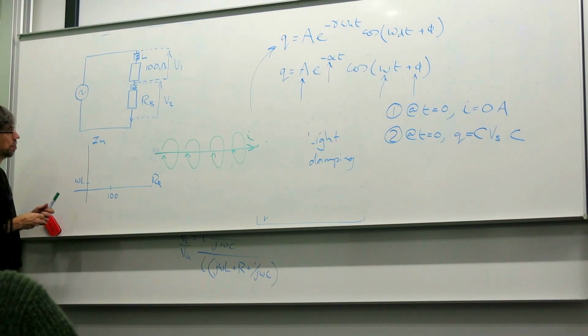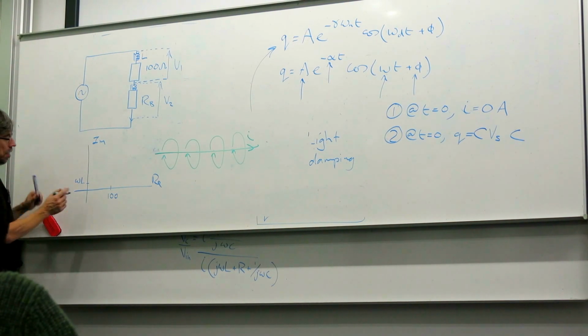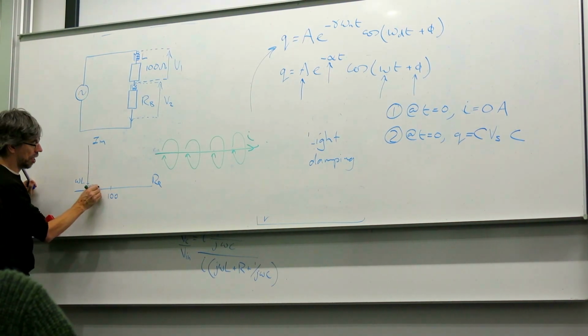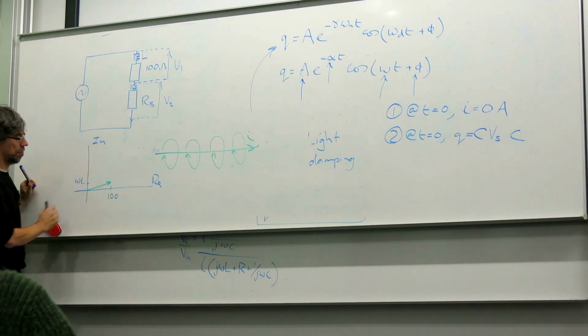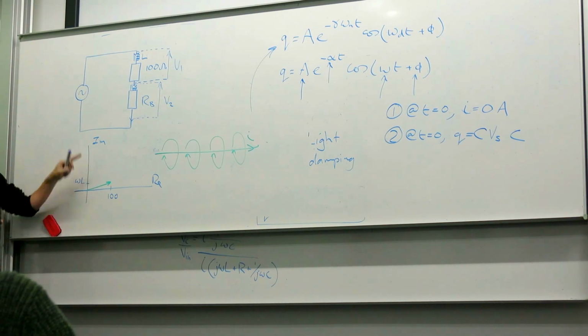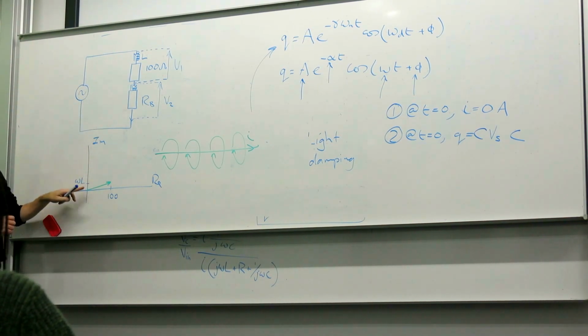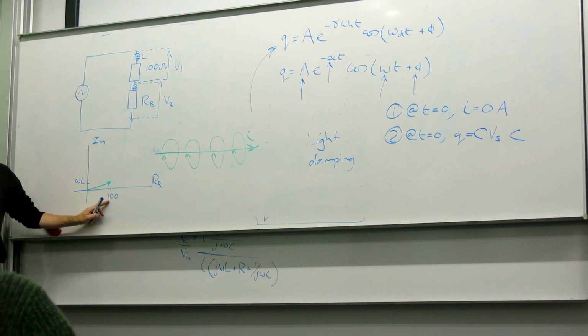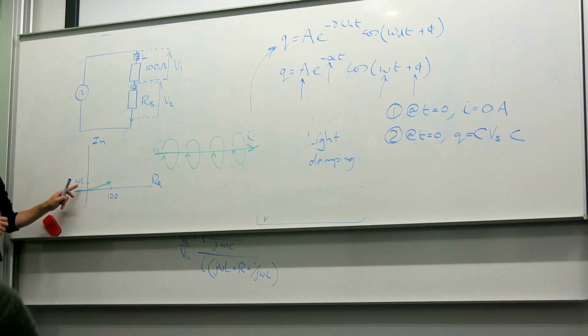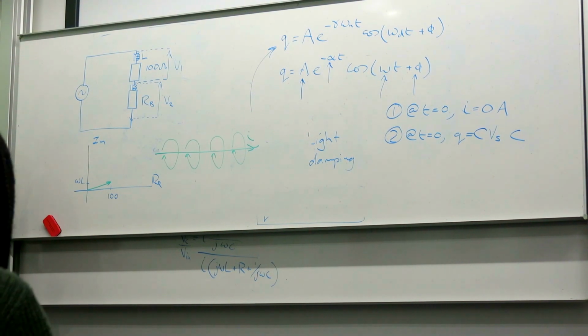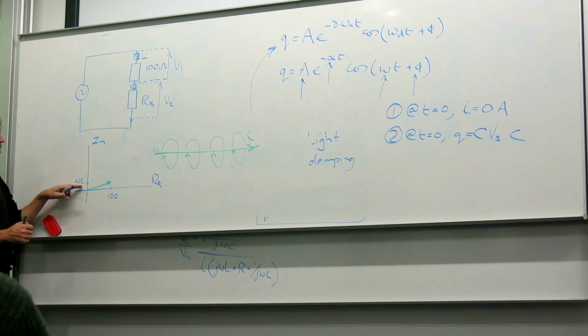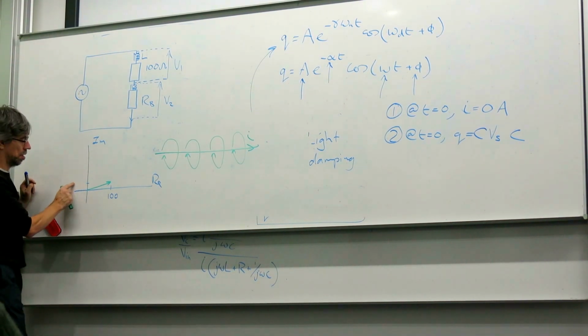At low frequencies, omega L only gets small, so the actual impedance of the resistor plus its little bit of inductance is mostly the resistor, so you see it behaving as a 100 ohm resistor. But if you increase the frequency, obviously the omega L part is going to get greater.